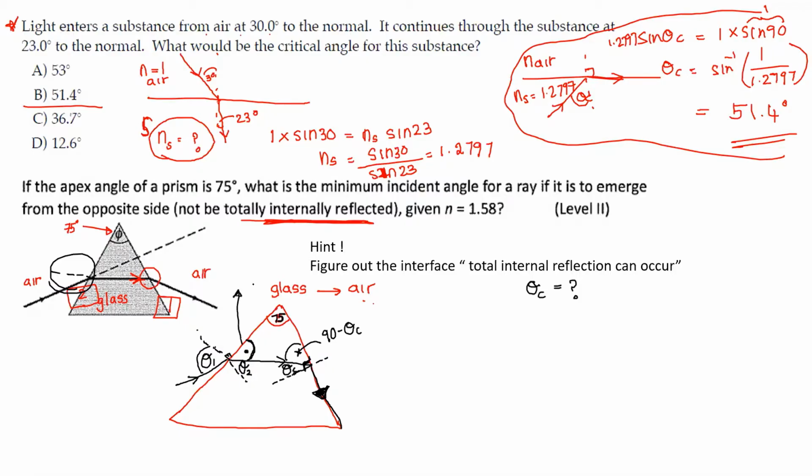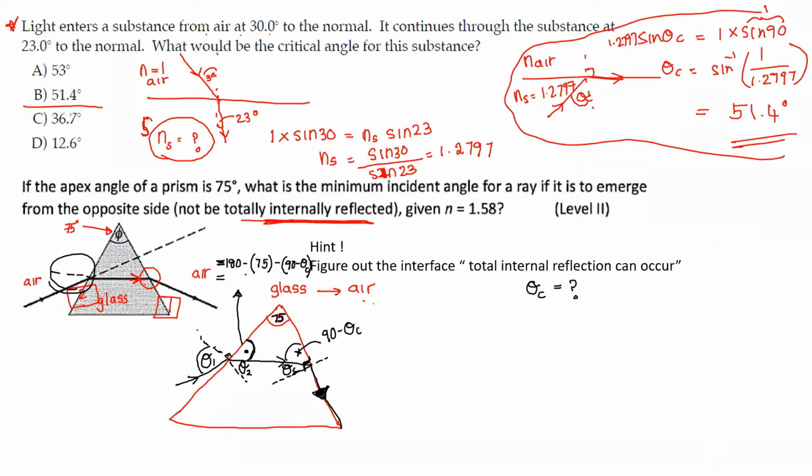It should be 180, the angles of a triangle, minus 75 minus 90 minus theta c. When you subtract these two angles from 180, you should get this angle, right? The three should add up to 180.